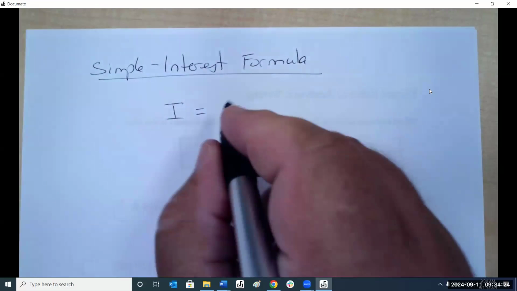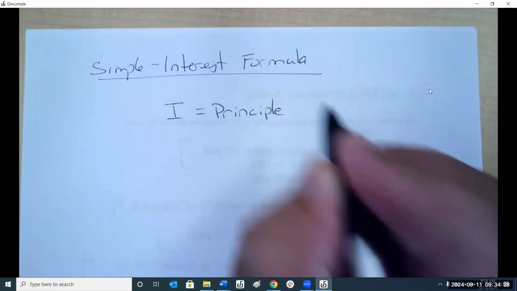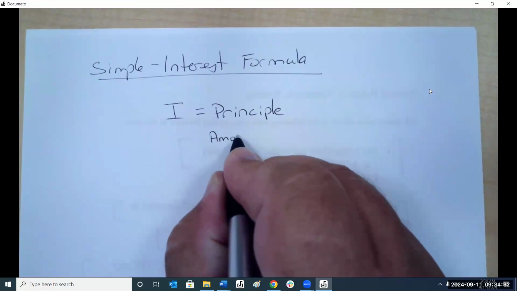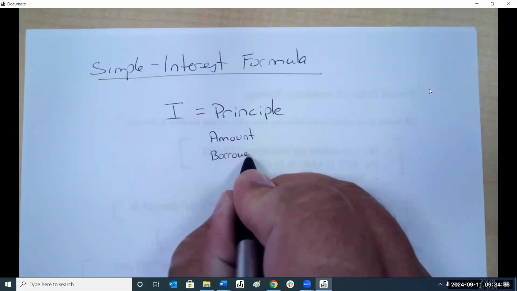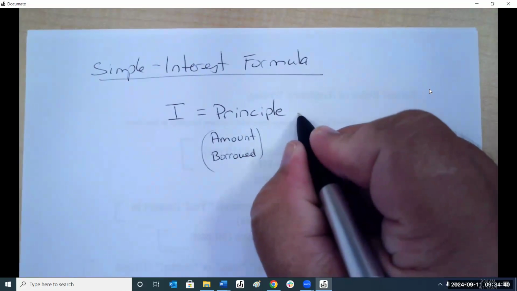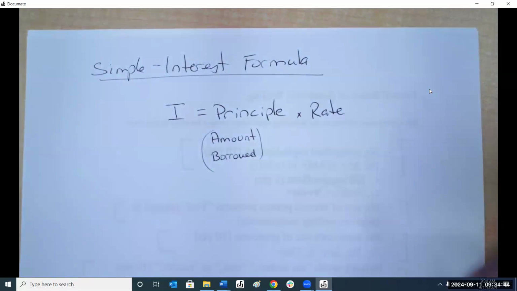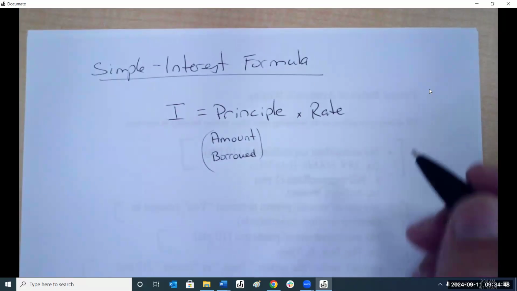So simple interest is just that. Interest is the principal, the amount borrowed, times the rate. What percent of that amount are you going to be charged?